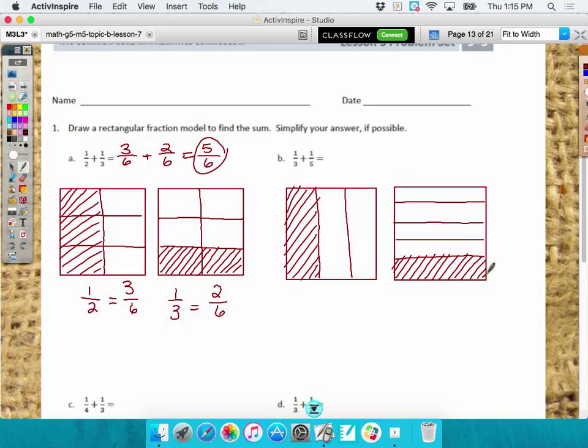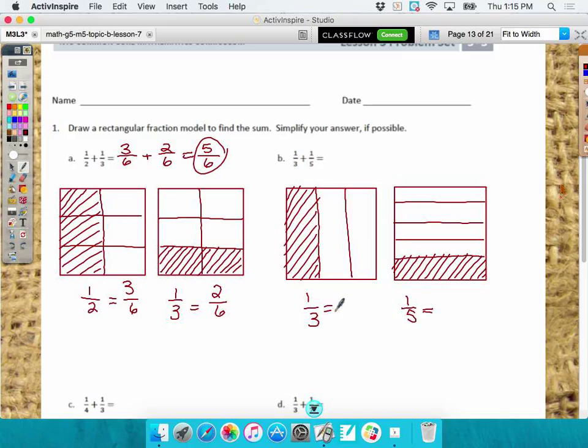So that the walls will divide the rooms into different sizes. And so that's what we're doing with the area models. We're partitioning them. I'm using the denominator to help me decide how to partition.